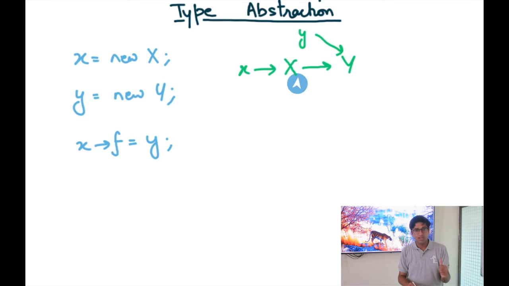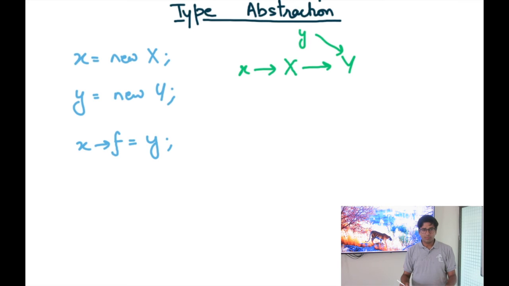That information is not shown in the points-to graph, but the point is that a pointer inside an object of abstract class X may contain a pointer to an object that belongs to the abstract class Y, and that's what this edge here represents.